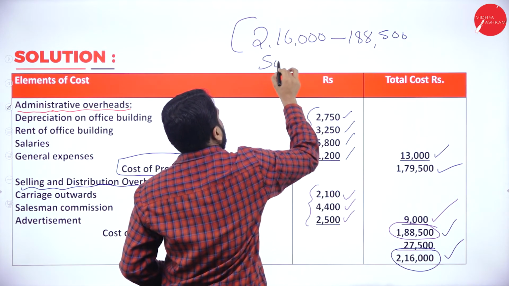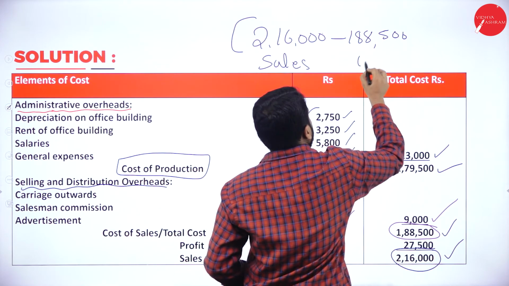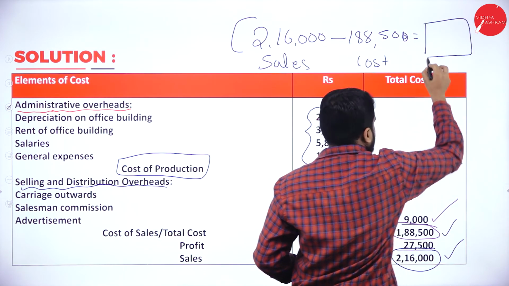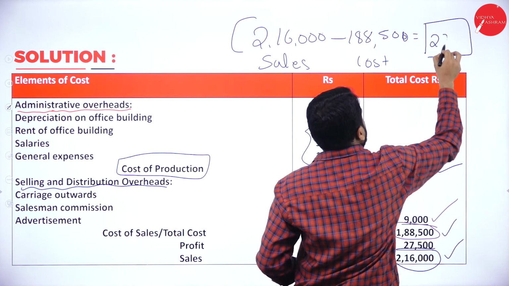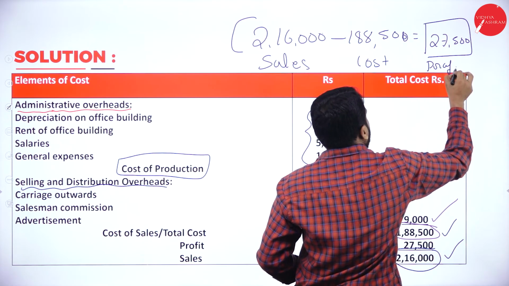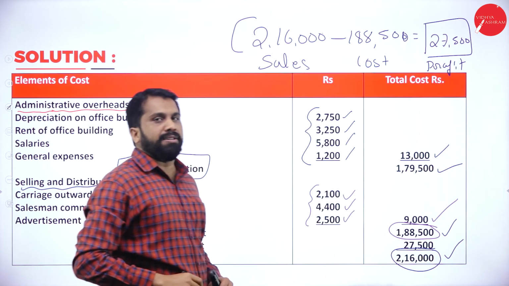This is sales, this is total cost, and your answer will be 27,500. This is profit. Hope you understood.